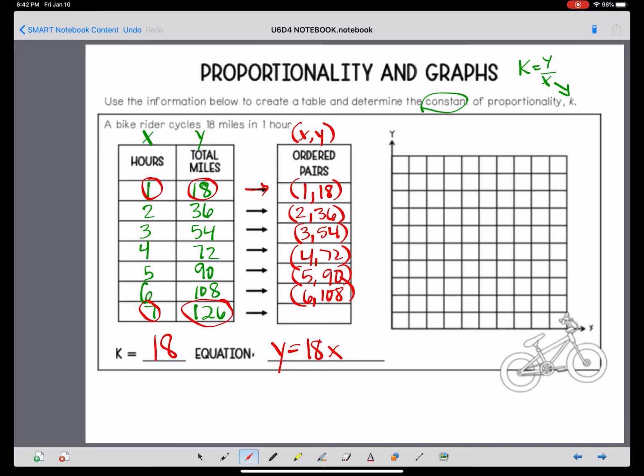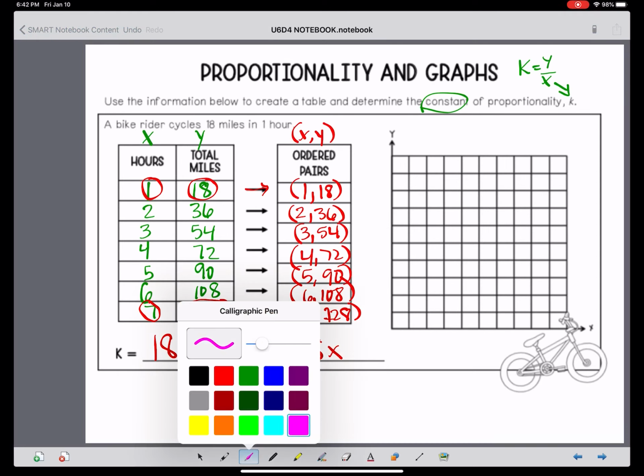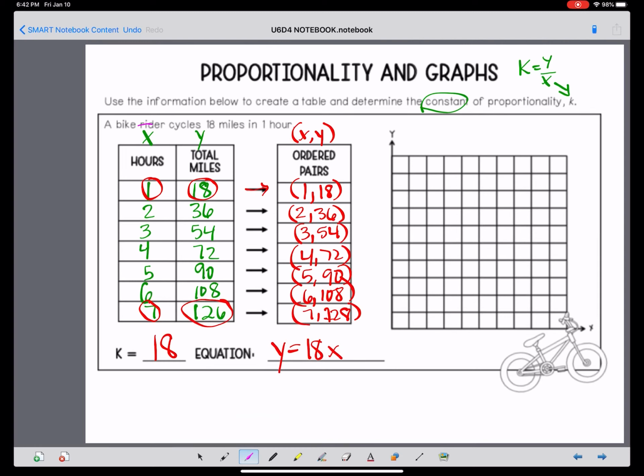I know that hours is my x value, because that's what my table is labeled as. Right here, it shows that my hours are my x value. And on my graph over here, this is your x-axis, always, always, always. And you'll use this all the way through 7th grade and 8th and 9th and all the way up.